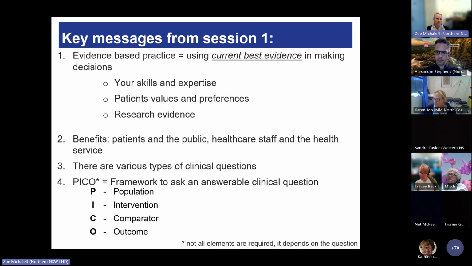We've introduced this concept of the PICCO framework that you need to be able to ask an answerable clinical question. And the relevant elements of the PICCO framework that you need to define might be different depending on the type of question that you're asking. If any of this you need to refresh, it is in the workbook.